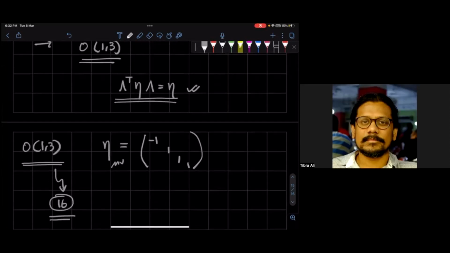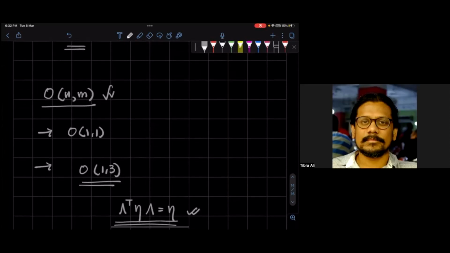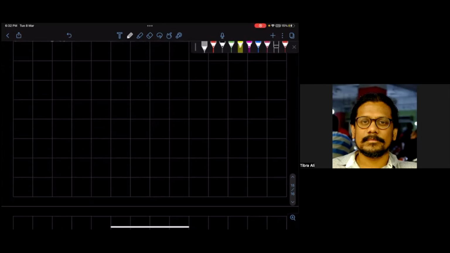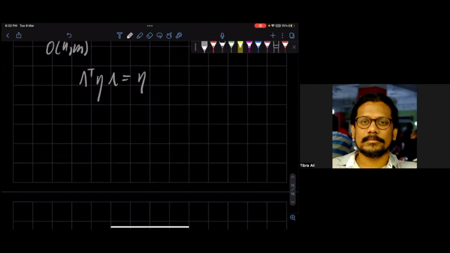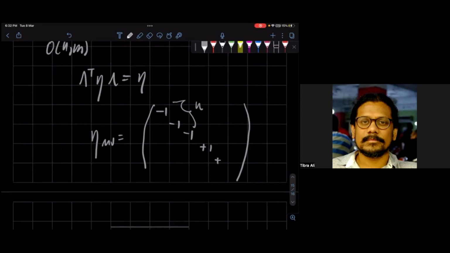So similarly, we can define O(n,m) to be the set of matrices such that this equation is preserved, where eta mu nu has basically n time-like directions and m space-like directions, okay?